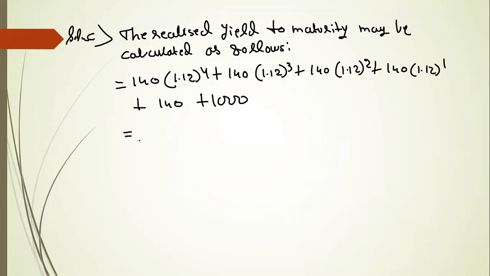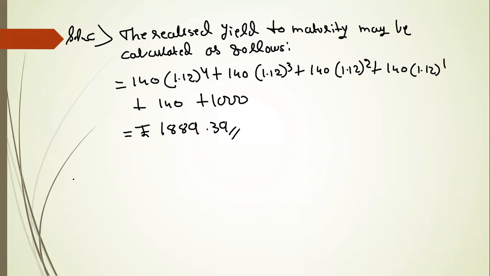So after simplification, we get rupees 1889.39. So we know the value, and we have to calculate the realized yield to maturity.